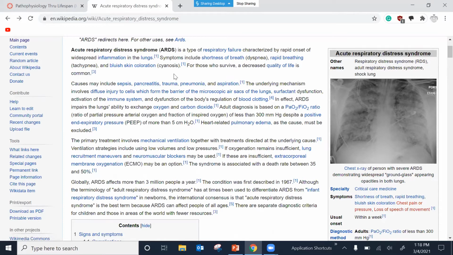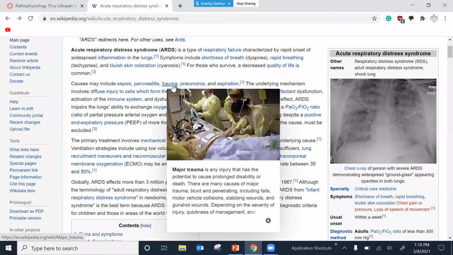And the thing I love about Wikipedia is if you hover over any of these, it has a hover to discover feature. What is trauma? Well, trauma is any injury, blah, blah, blah. A common example is someone who is highly intoxicated after a Husker game and decides they can drive home.